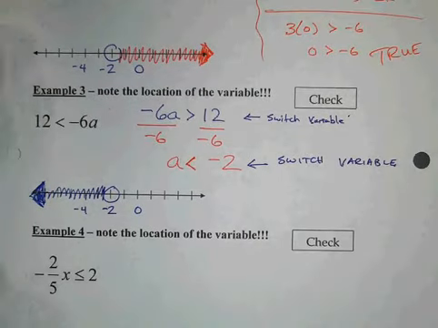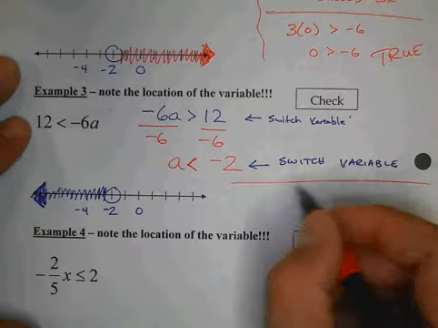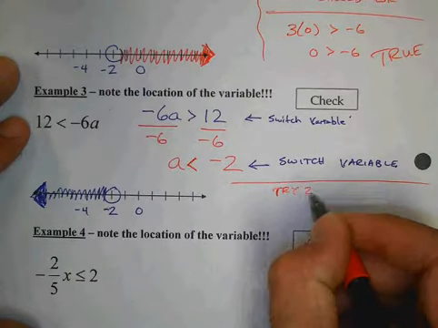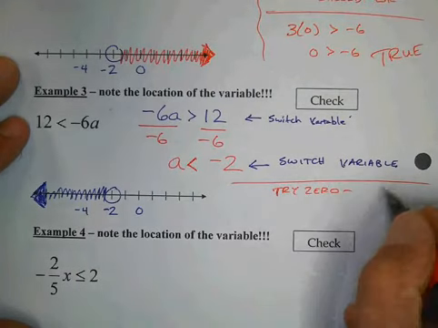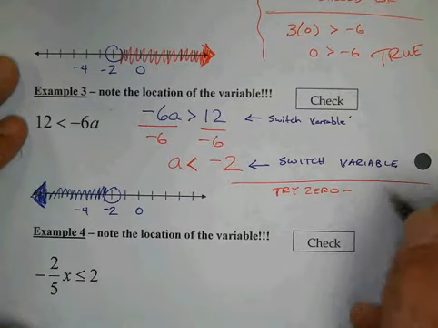So now we check it. Easy number to check. Which one are you going to pick? What's the easiest thing to check? 0. So let's try 0. Should the number 0 work? Should it work? Felipe? No. Okay. So it should not work.